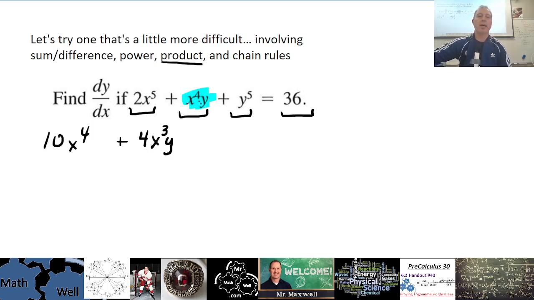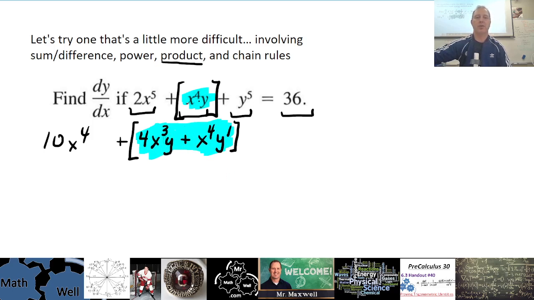So 4x cubed y plus, let's just do this separately, plus the first, x to the 4th, times the derivative of the second. The derivative of just y is y prime. Okay. All right, so first time you've seen this implicit product rule in action here, take a moment to digest that. Derivative of the first times the second plus the first times the derivative of the second.